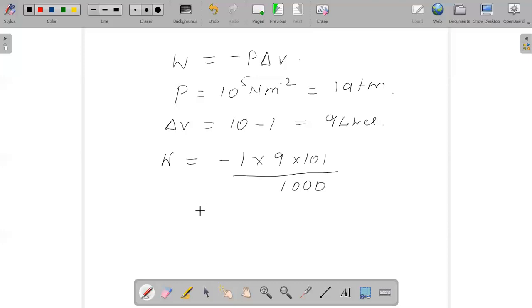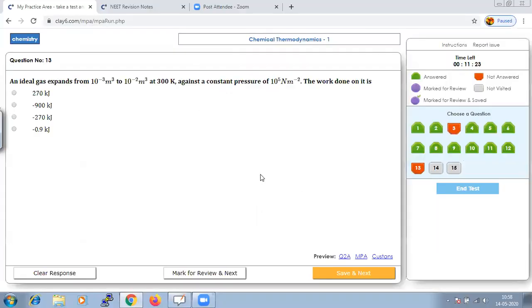And hence we get W is equal to 0.9 kilojoule. Here the question will arise why we have used 101 here, because we all know that 1 liter atm is equal to 101 joule. We need to convert that. Hence, let us see if we have 0.9 kilojoule as the answer and it is a negative value. Save that and go to next.